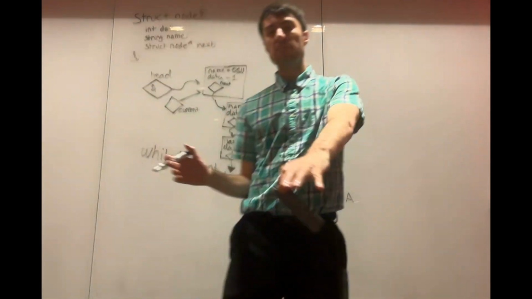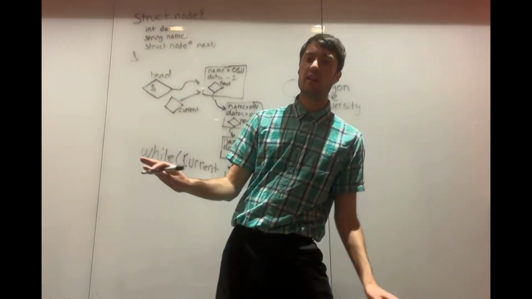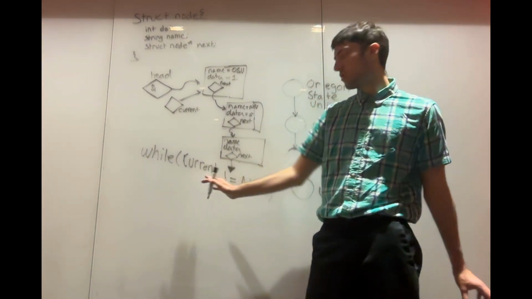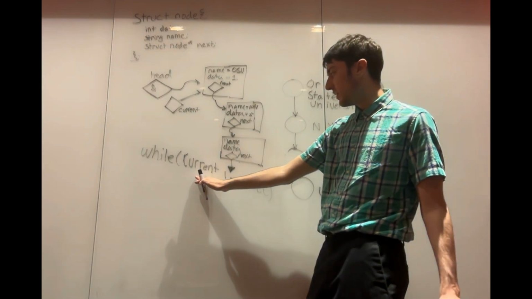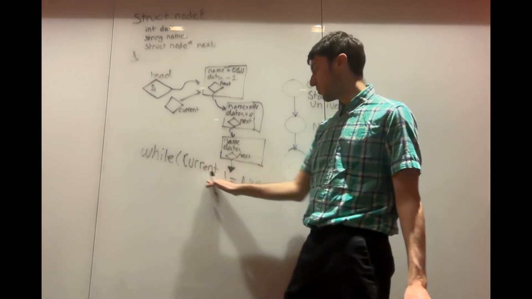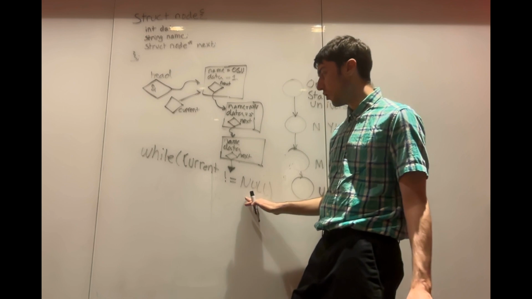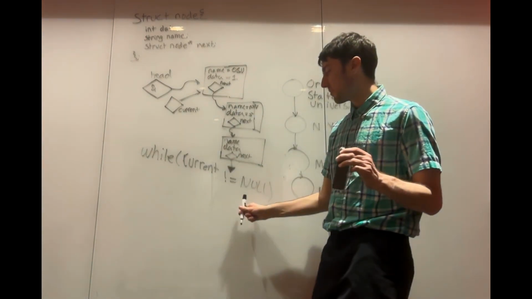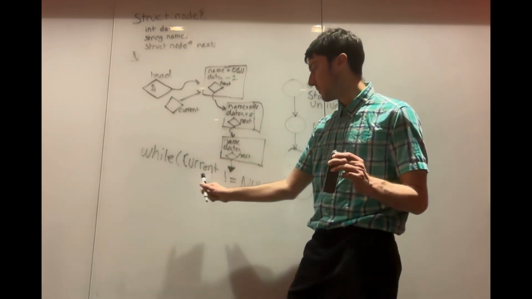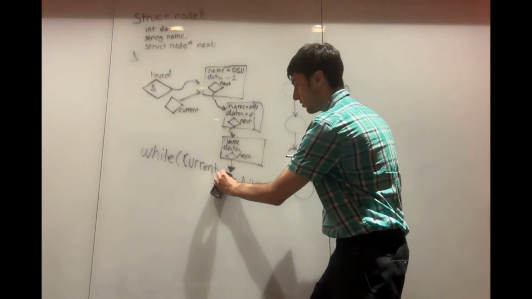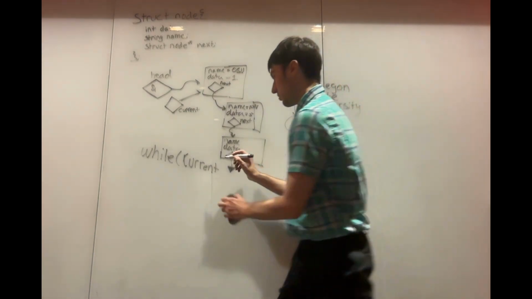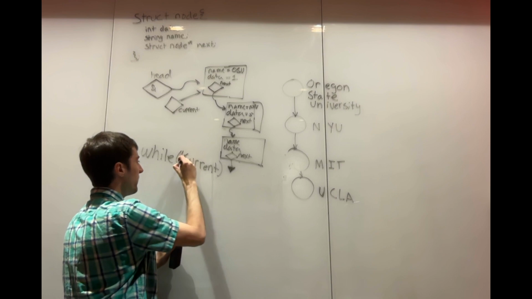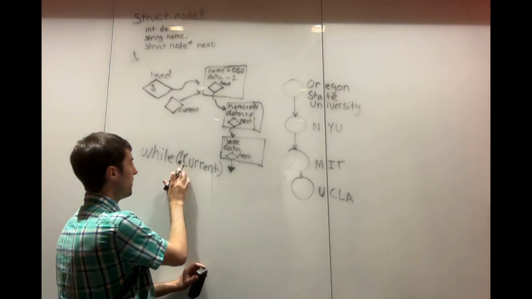And now, when you actually are looking at other people's code, remember that null is 0. So if current is not equal to null, it means that it is not 0, right? So what some people could do is they'll put a not sign there. So I'll show what that would look like. It would be current like that, and then a not sign, right?